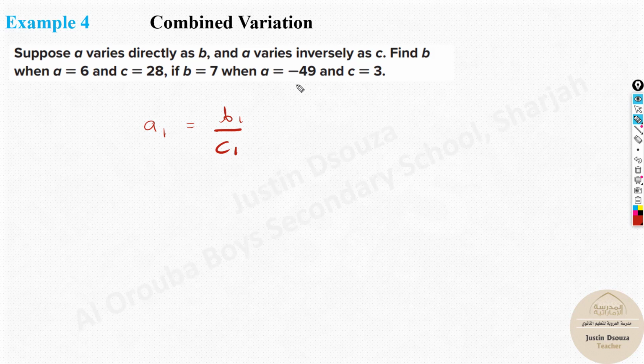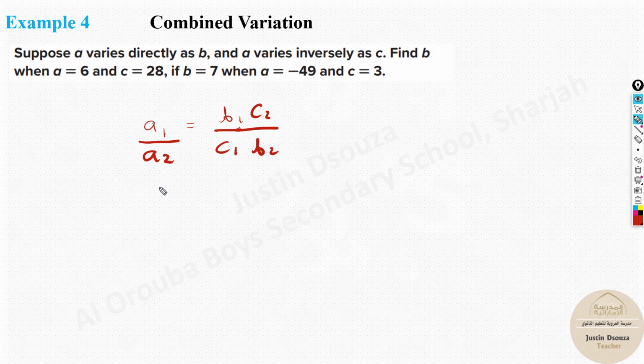Why? It's inversely varying. So direct will be up, numerator on the other side of equal to, inverse will be down. So now over here I should write A2, and what about this? If C1 is down, the C2 will be up, B1 is up, so B2 will be down.